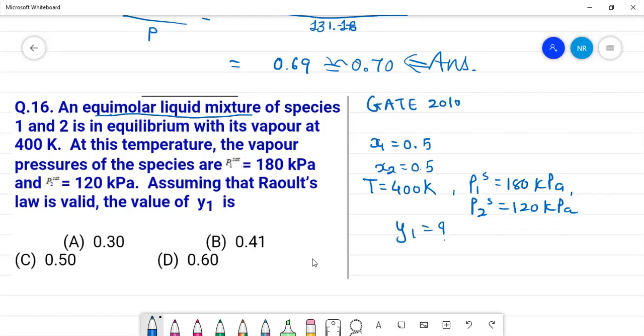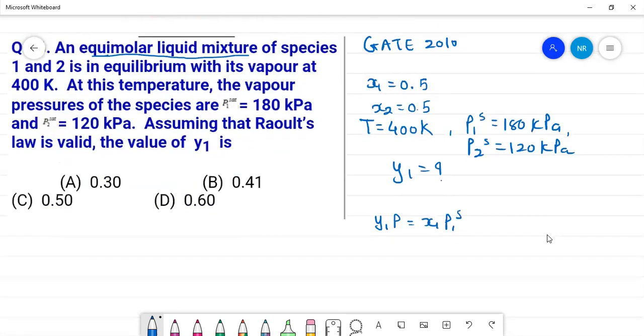So there will be an equilibrium pressure, and here it's Raoult's law, so it is an ideal solution. So it's very easy. y1 P is equal to x1 P1 saturation, y2 P is equal to x2 P2 saturation.